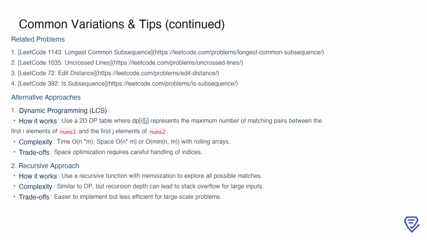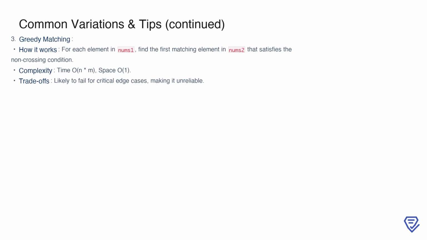Alternatively, a recursive approach with memoization can also solve the problem, but it introduces additional risks. While recursion simplifies implementation conceptually, it can lead to stack overflow for large inputs, which makes it less practical in certain situations. Another possible approach is greedy matching, where you iterate through nums1 and find the first matching element in nums2 that satisfies the non-crossing condition.